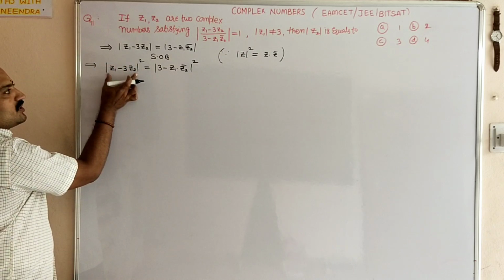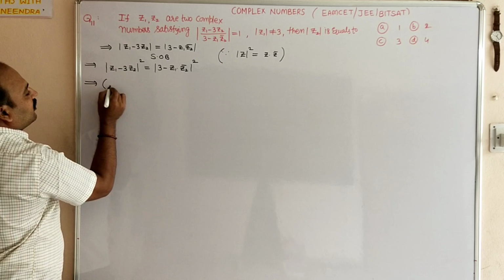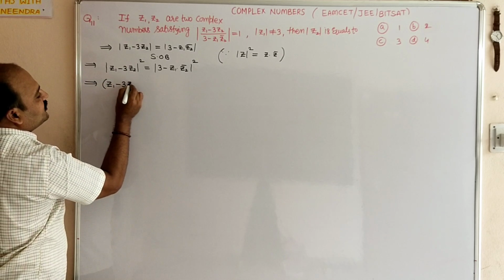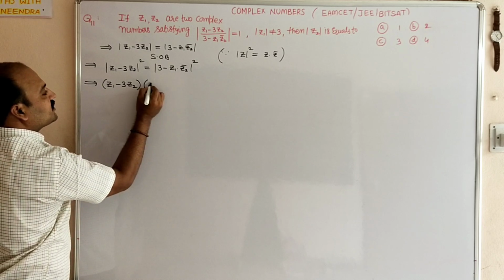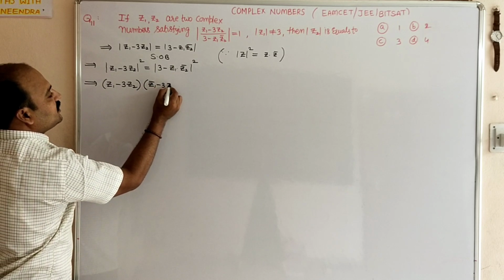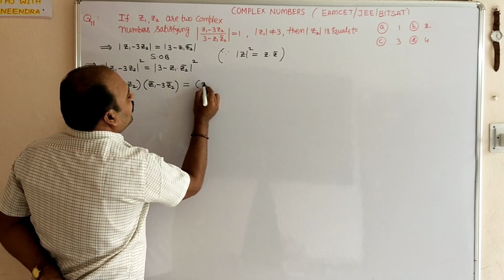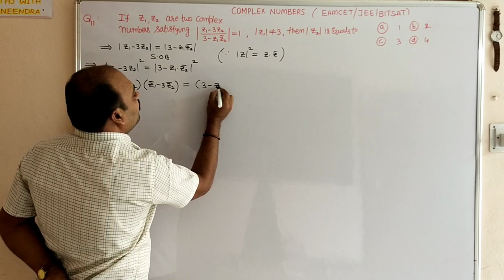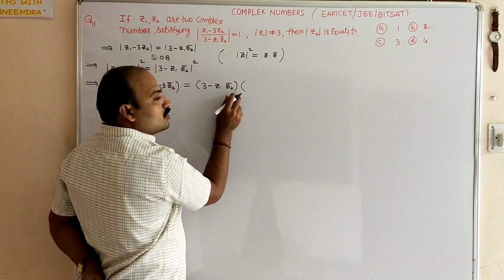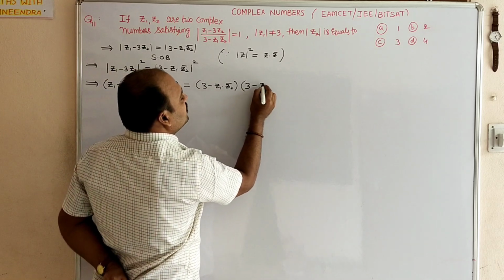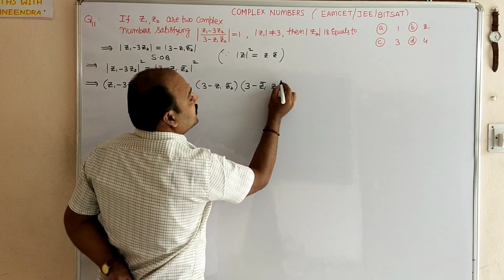So here, this is completely one complex number, so we can write it as Z1 minus 3 Z2 into the conjugate of this complex number, Z1 bar minus 3 Z2 bar, which is also equal to 3 minus Z1 into Z2 bar into the conjugate of this complex number, 3 minus Z1 bar into Z2.